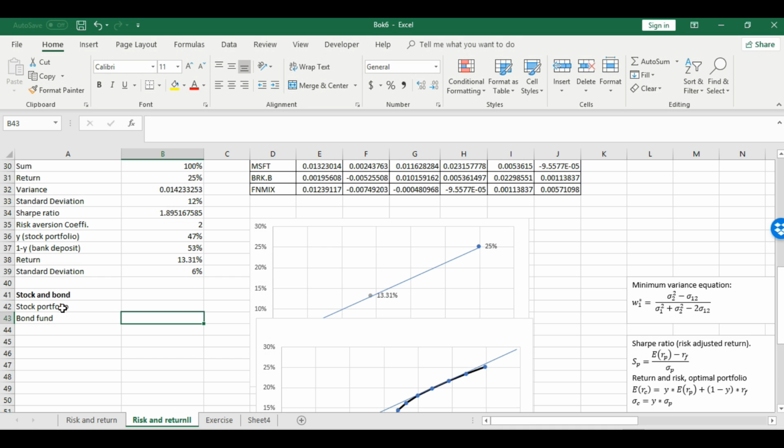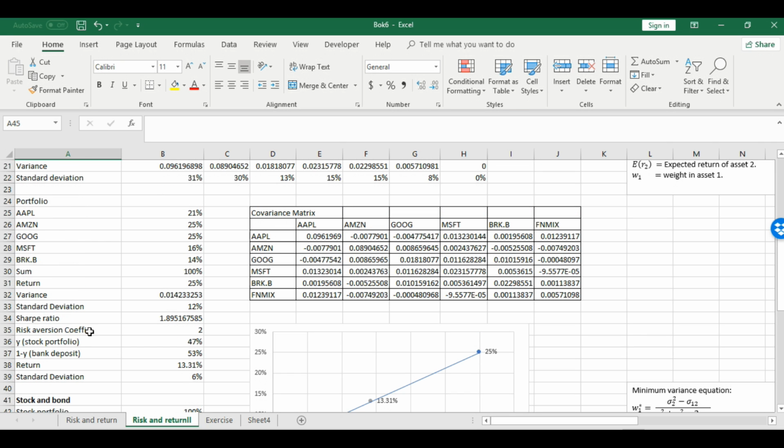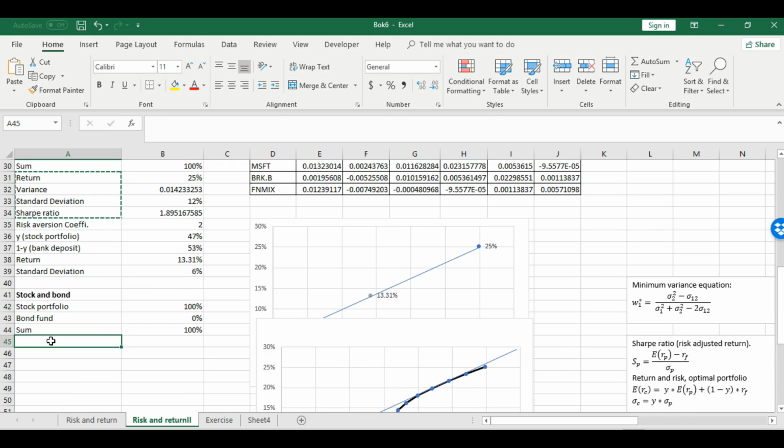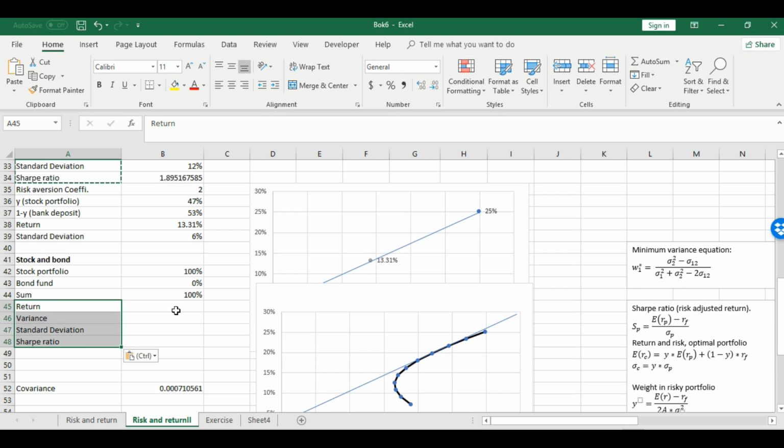So we set up the weight. And we will just copy these cells there, move this back up.